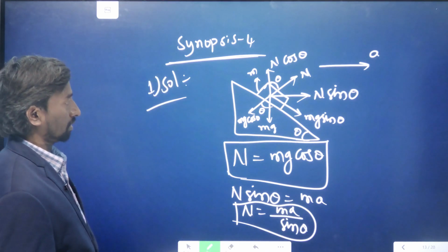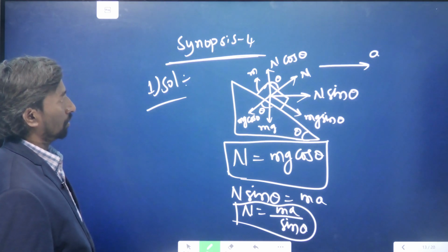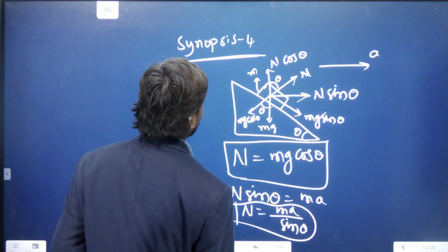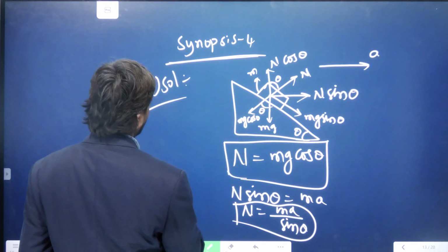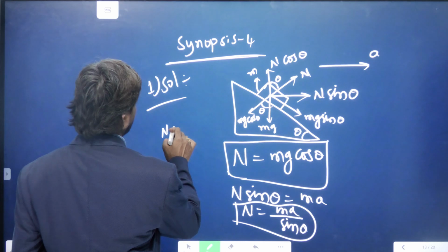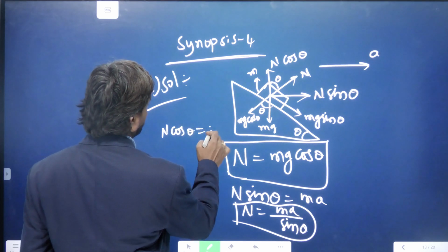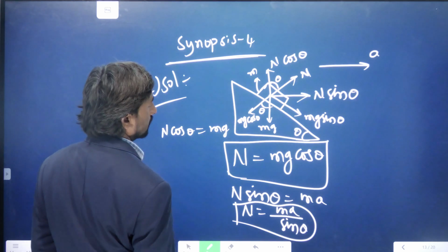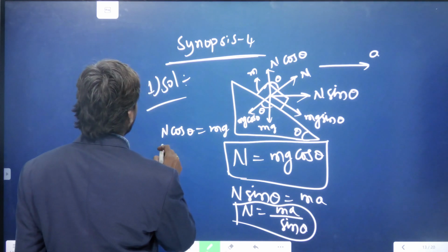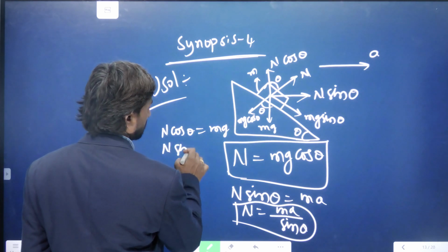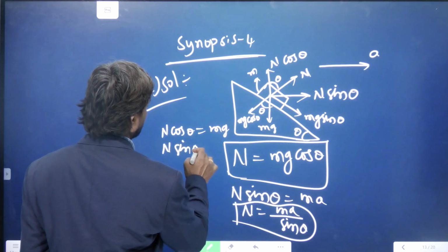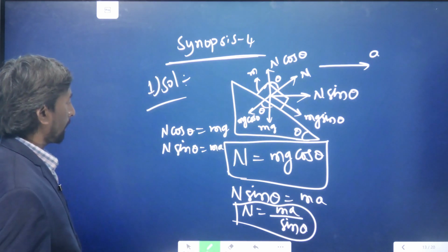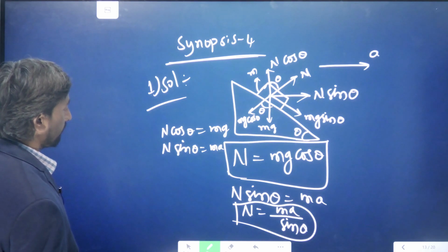Then here we can write N cos theta is equal to mg, and N sin theta is equal to m into a. Force mg.